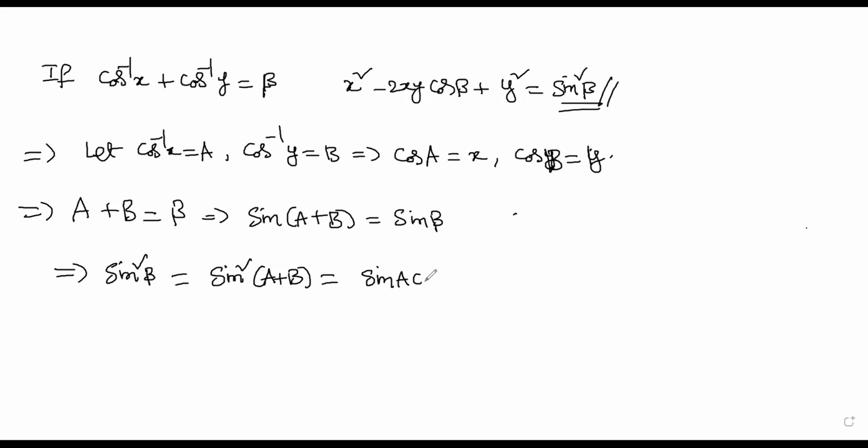So sin a cos b plus cos a sin b, whole square, must be sin b whole square. Let us do the square.